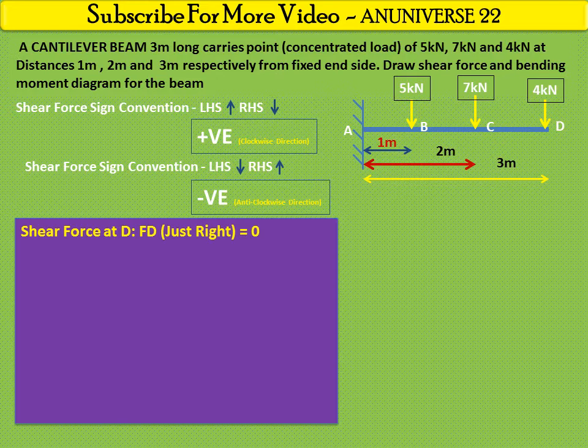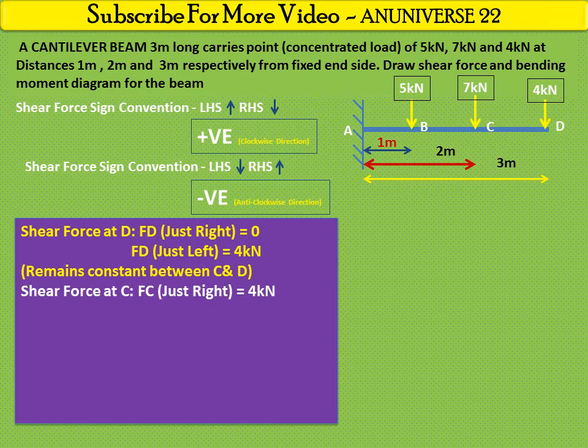And when we talk about FD just left, it includes the 4 kN load. So FD just left becomes 4 kN, and this 4 kN remains constant between C and D. So FC just right equals 4 kN, and when we take FC just left, it includes the 7 kN also. So it becomes 7 plus 4 equals 11 kN.